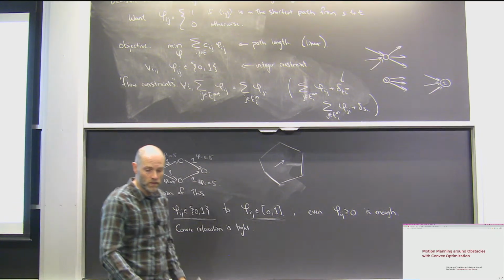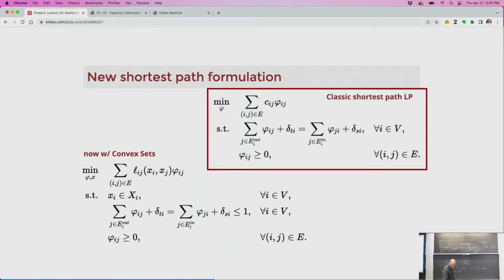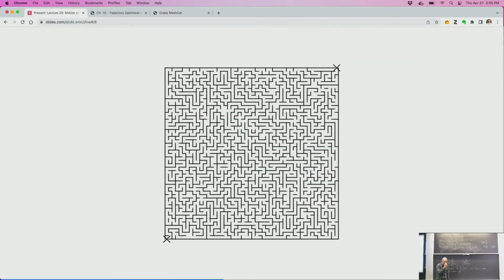So in particular, let me do it a little bit out of order. Think about this problem now, where I want to find continuous curves. I want to fly a UAV through a maze. It turns out we can solve this problem nicely with the tools we're going to talk about here. But why is that not surprising?